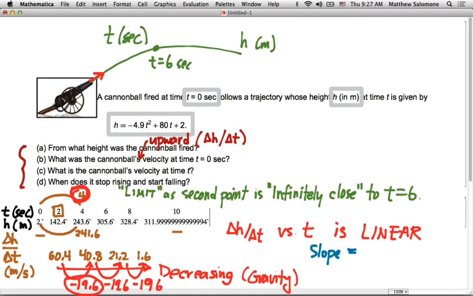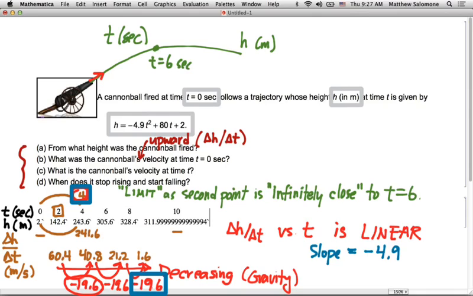Remember, a slope is just a change in one quantity divided by the corresponding change in the other quantity. Negative 19.6 divided by 4. What is negative 19.6 divided by 4? Negative 4.9. So there's the slope of this relationship.